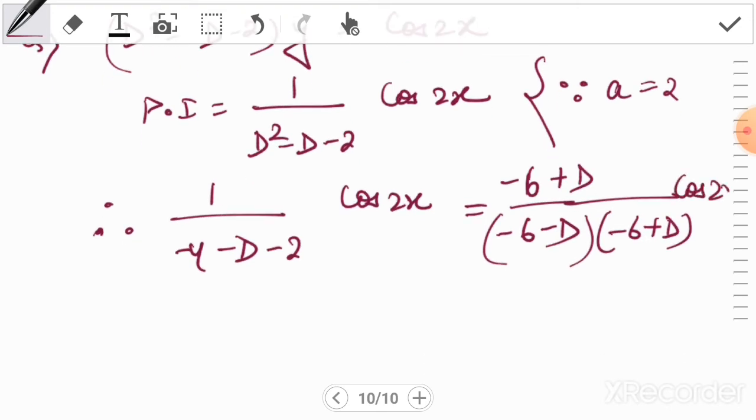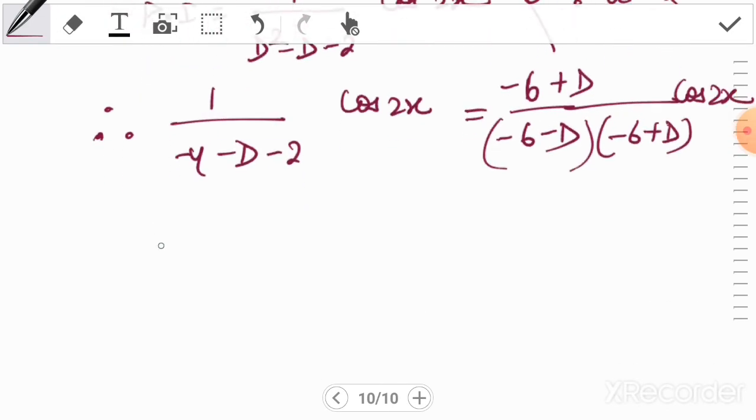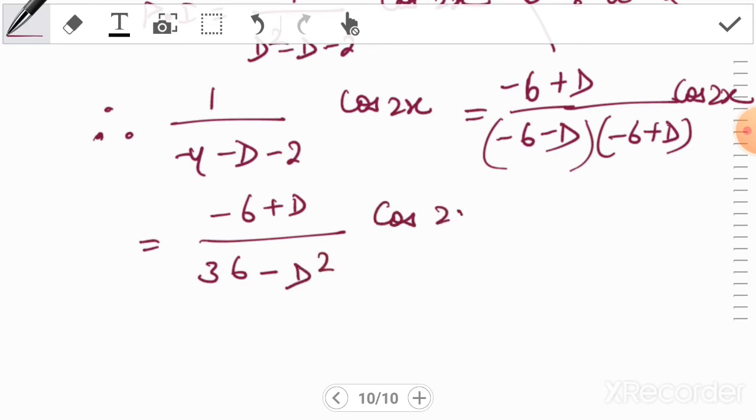Cos 2x. Next, minus 6 plus D by, so this is in the form (a plus b) and (a minus b), so this is a square minus b square. So a square is 36, minus 6 square is 36, and b square is D square, cos 2x.